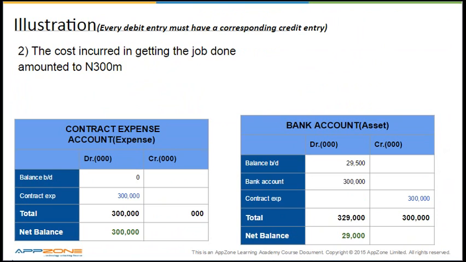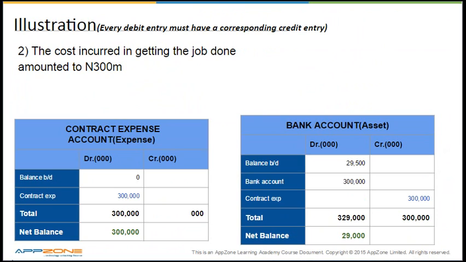What are the books that will be involved? Obviously, the expense that has been incurred is one book, but where did the money come from? Which account was able to finance this particular expense? The account responsible for this is our bank account, hence the entry we will be passing right now.